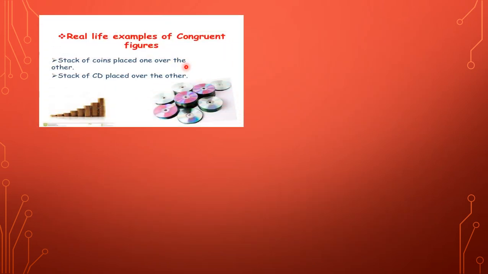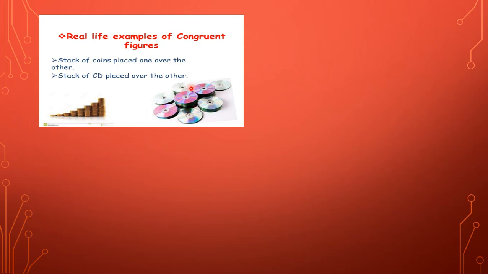For example, in our daily routine we come across examples like coins of 5 rupees, 2 rupees, 1 rupee and 10 rupees. Coins of the same denomination are congruent figures as they are equal in size and shape.